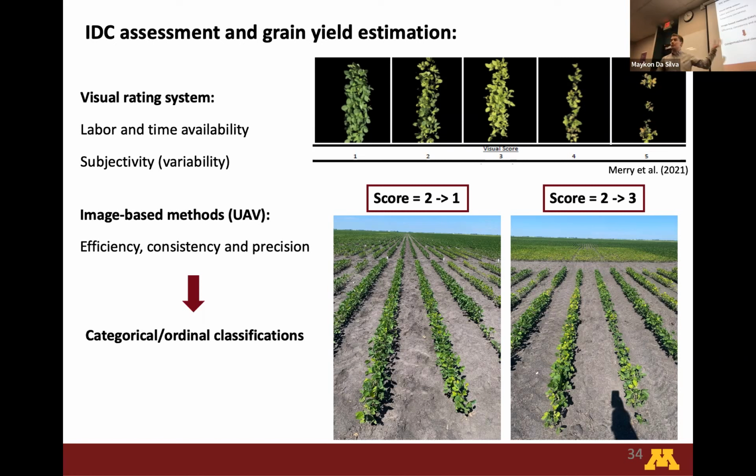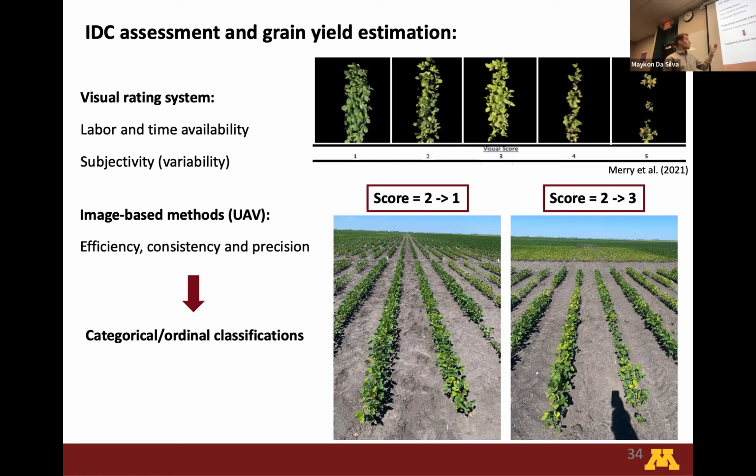Even though this is a simple method and it works quite well, there are two major problems associated with this visual rating system. It can be labor and time intensive, and it can be subjective due to the subjectivity of the human eye, which can introduce within and among rater variability.